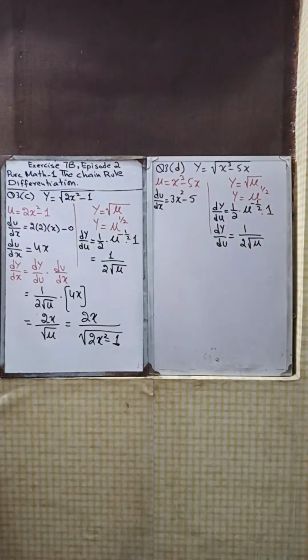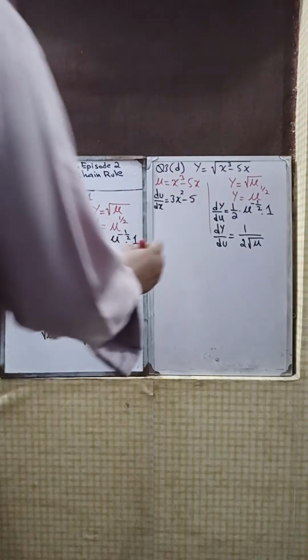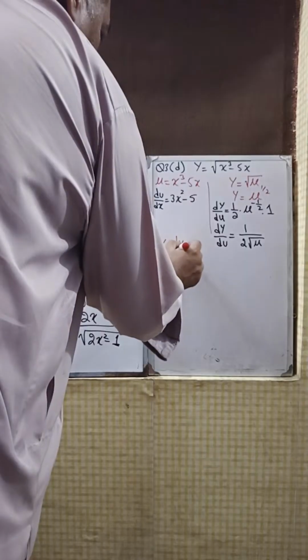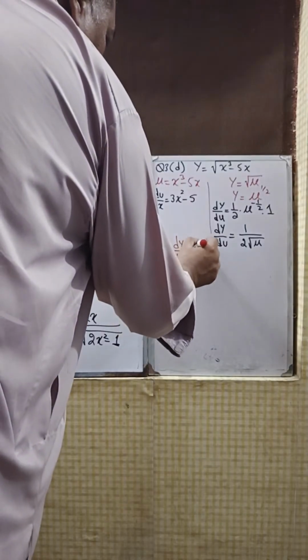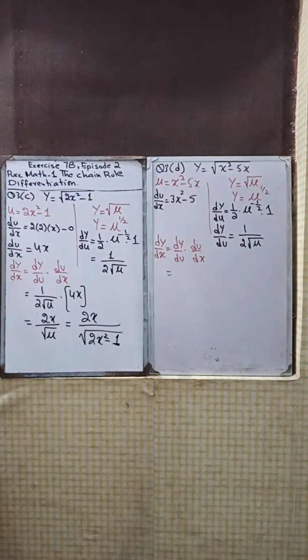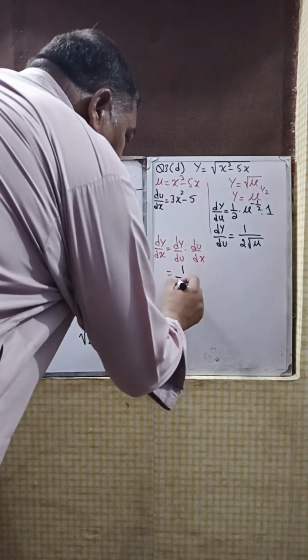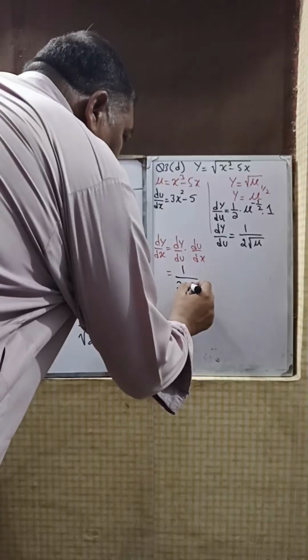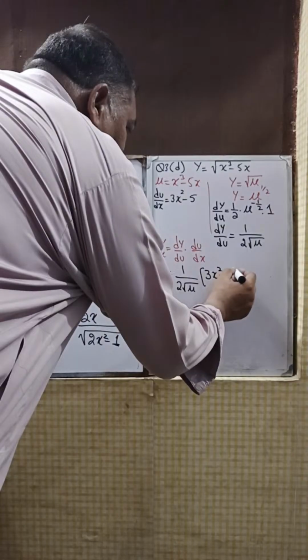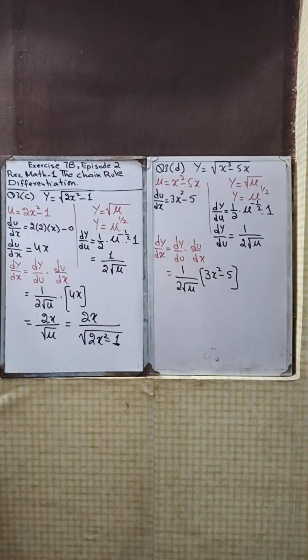Okay, now we will write the chain rule. The chain rule says dy by dx is equal to dy by du into du by dx. So dy by du, that value is 1 divided by 2 under root u, into 3x squared minus 5. Put the value of that u back.